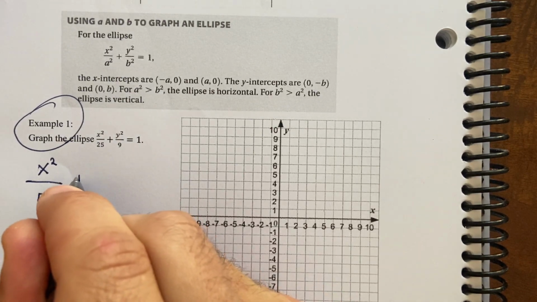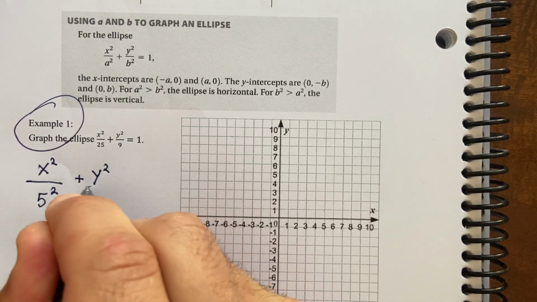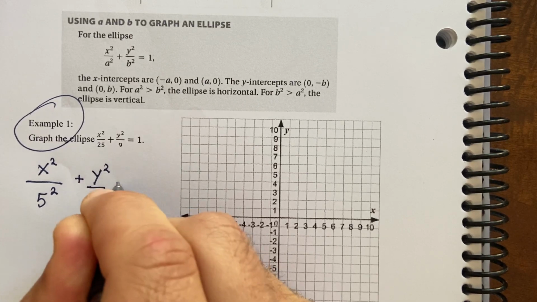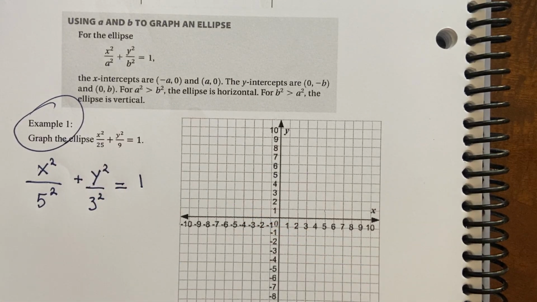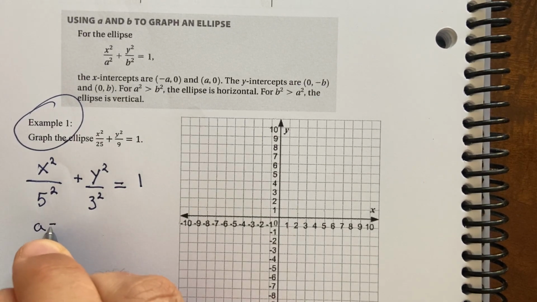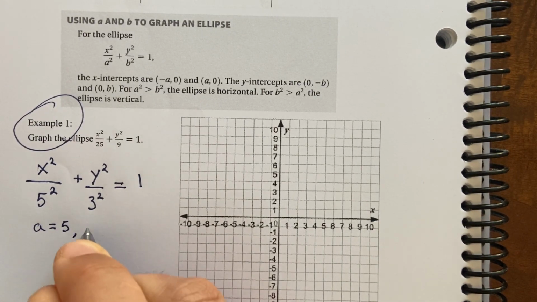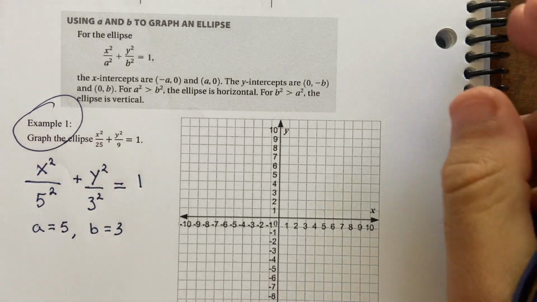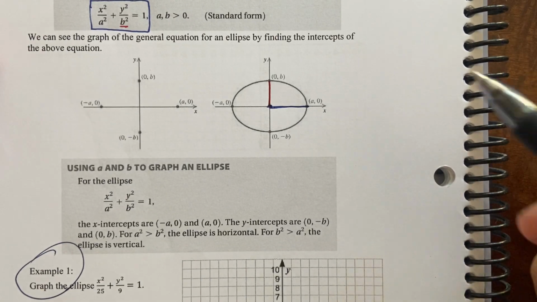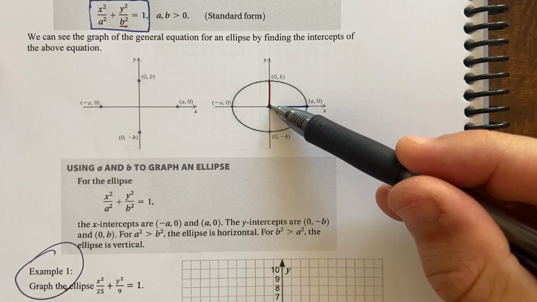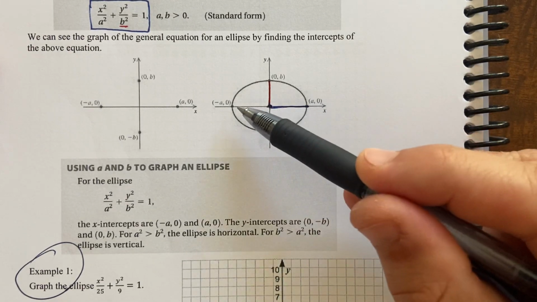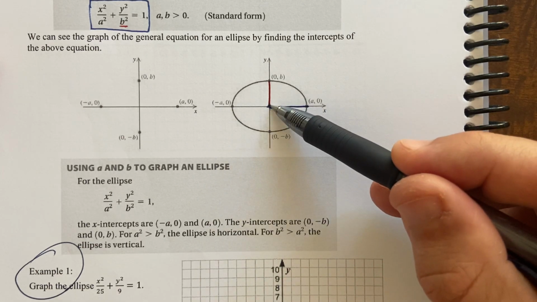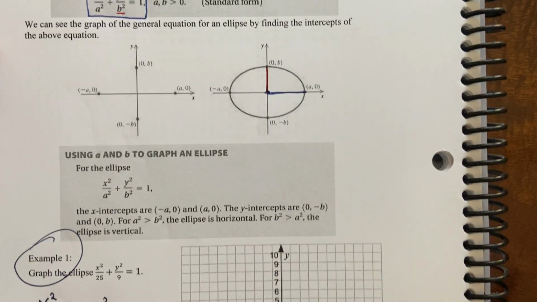And then plus y squared over 3 squared, right? That's acting like b. So for example, a is 5 and b is 3 in terms of this information here. From the center, I'm going to count 5 to the right and left, and then I'm going to count 3 up and down.